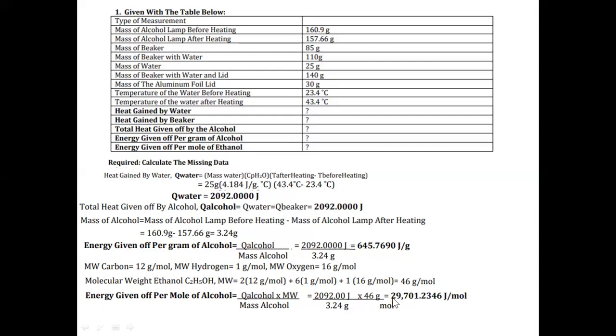This gives us the final value for the energy given off per mole of alcohol at 29,701.2346 joules per mole.